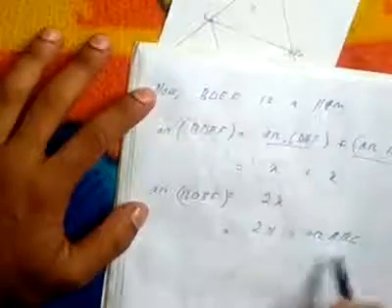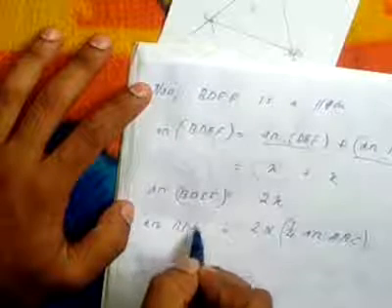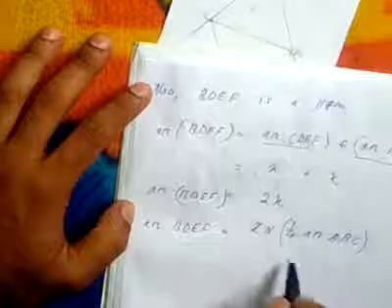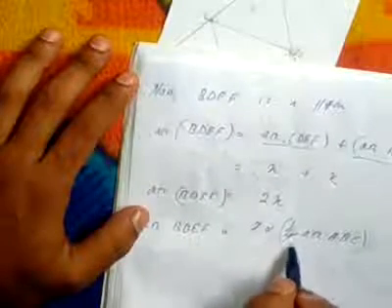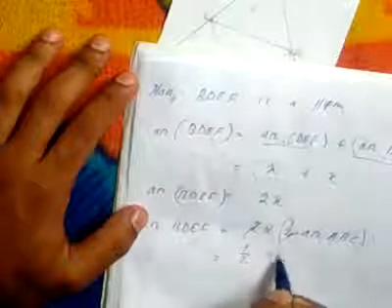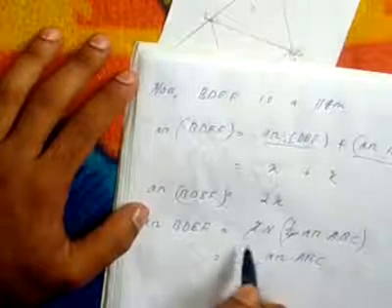So we can write this again, area of BDEF is 2 into 1/4, so 2 cuts 4 in 2 times, isn't it? So it is 1/2 of the area of ABC. That's all.